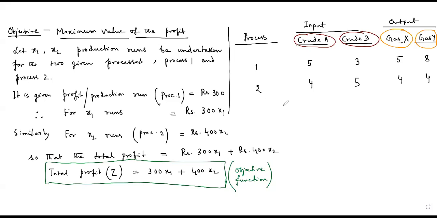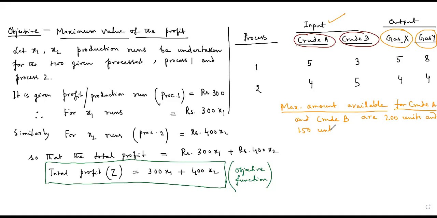So that is the input amount. The maximum amount available for crude A and crude B are 200 units and 150 units.